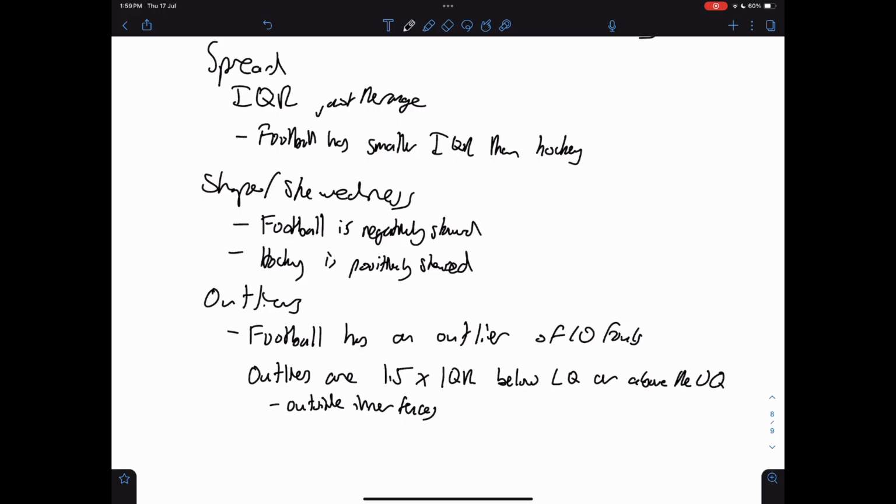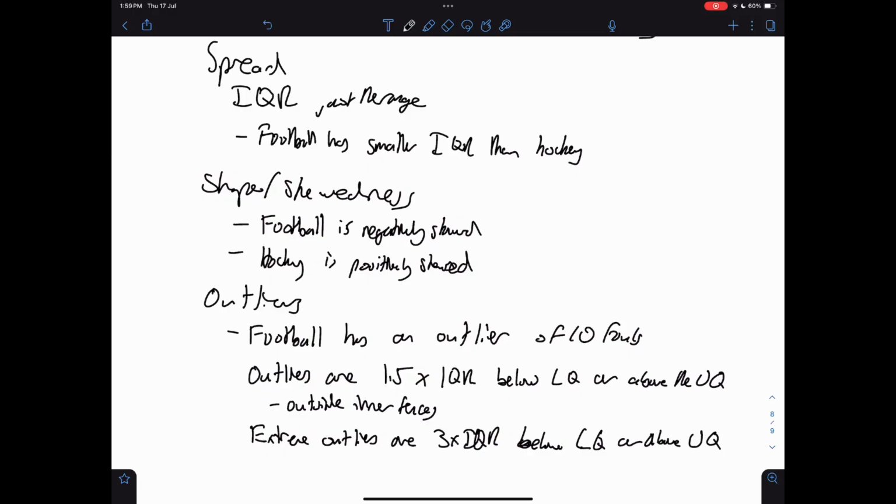Extreme outliers are 3 times the IQR below the LQ or above the upper quartile.